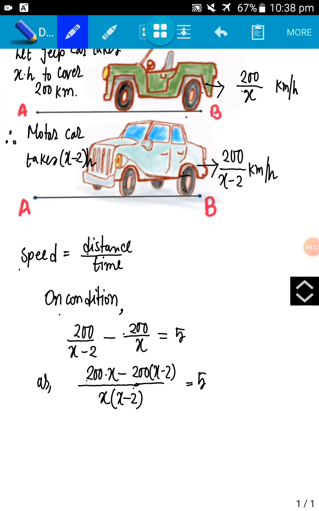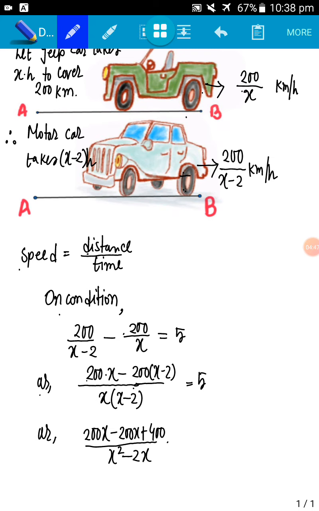Next we have to calculate this. We are getting 200x minus 200x plus 200 into 2, that is 400, and by multiplying we get x square minus 2x, is equal to 5.